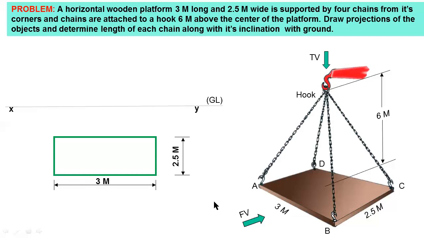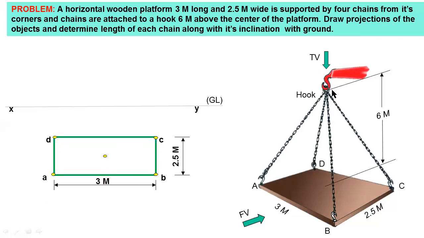Then you have to mark the corners A, B, C, D. These are the 4 corners. Now when you are observing from top, the four chains are connected at a hook.